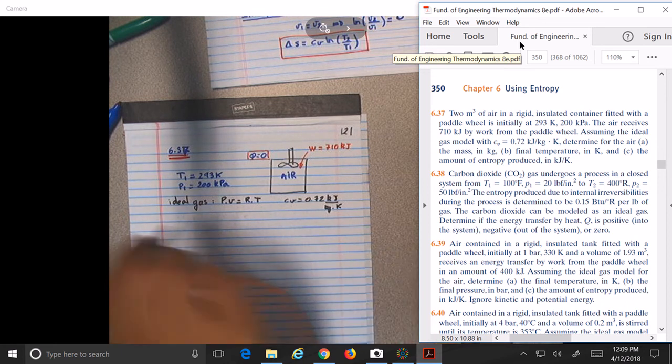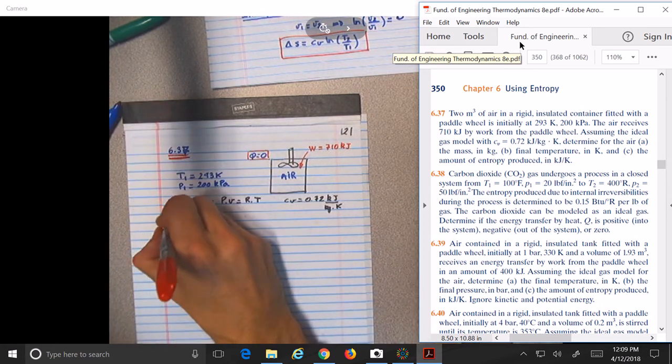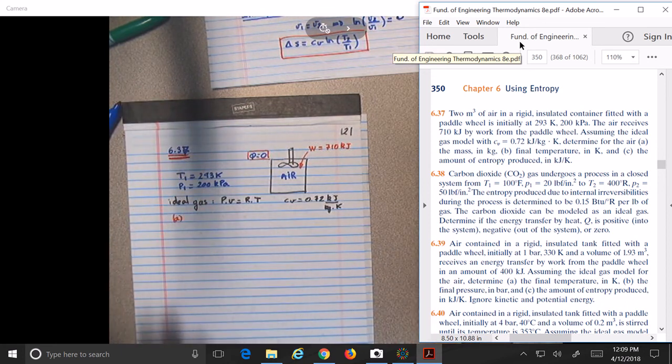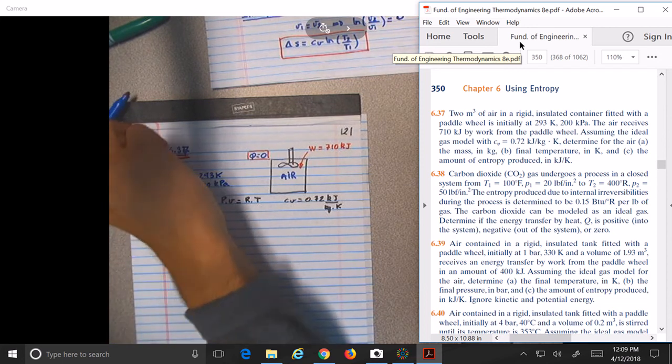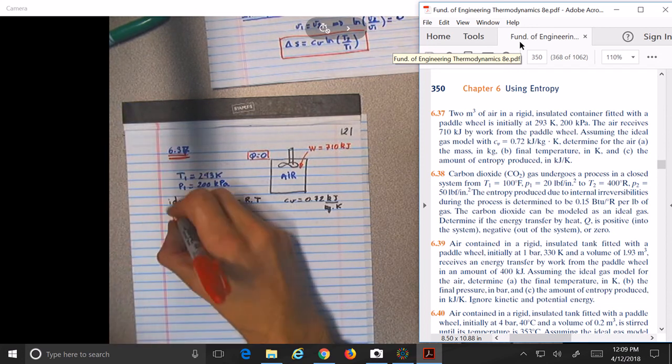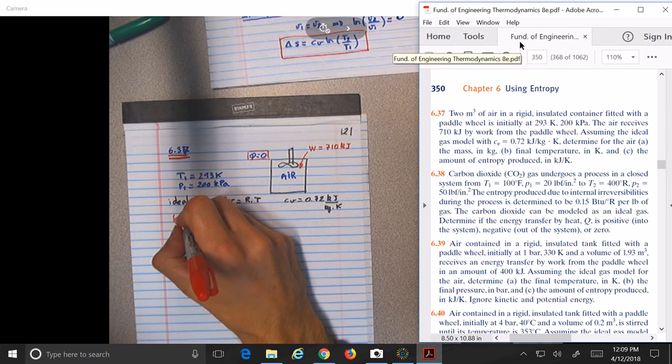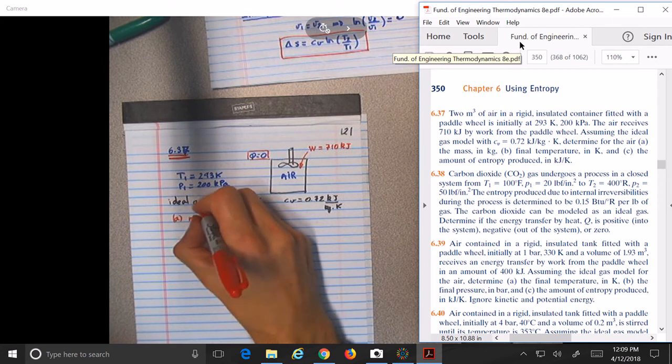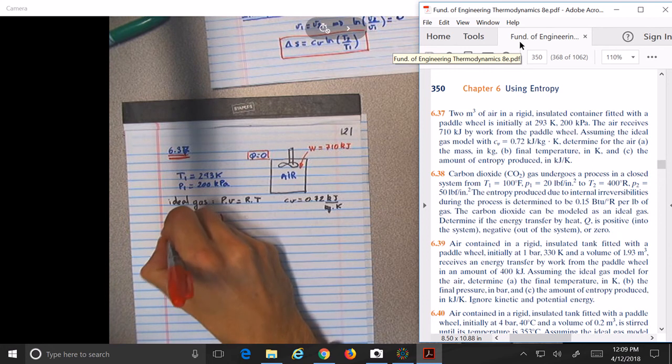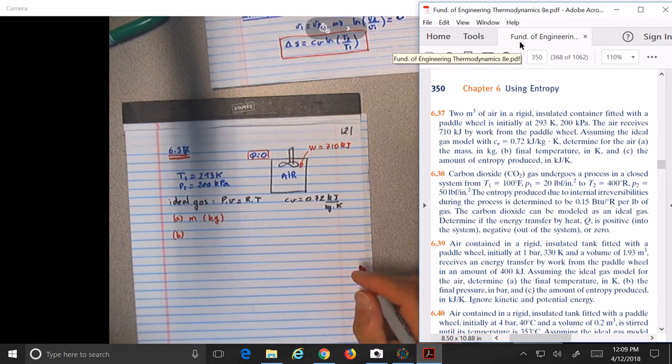Determine the mass of air and the final temperature.